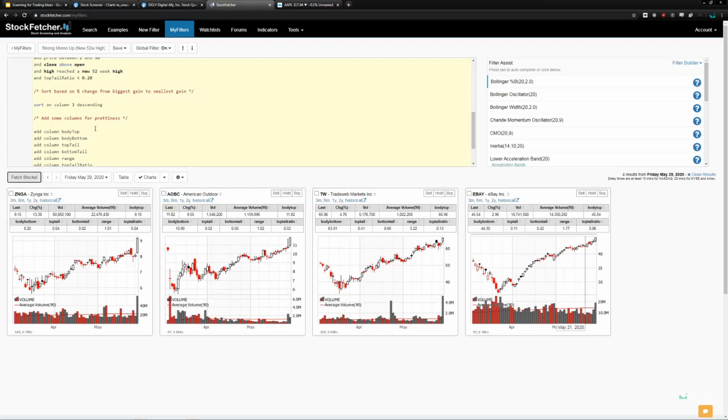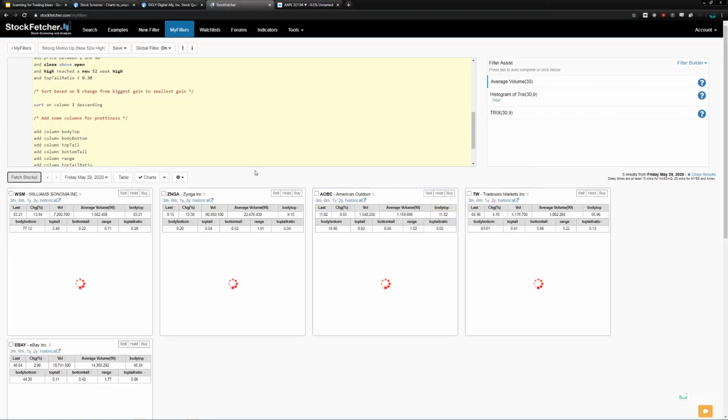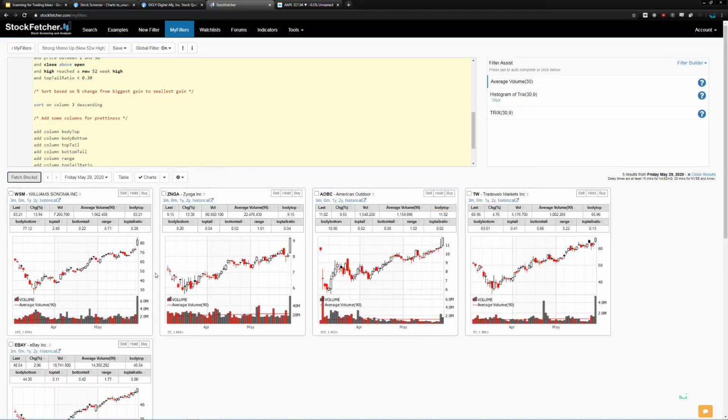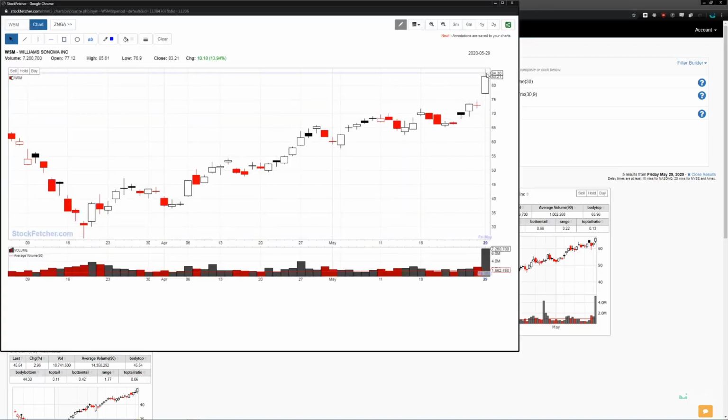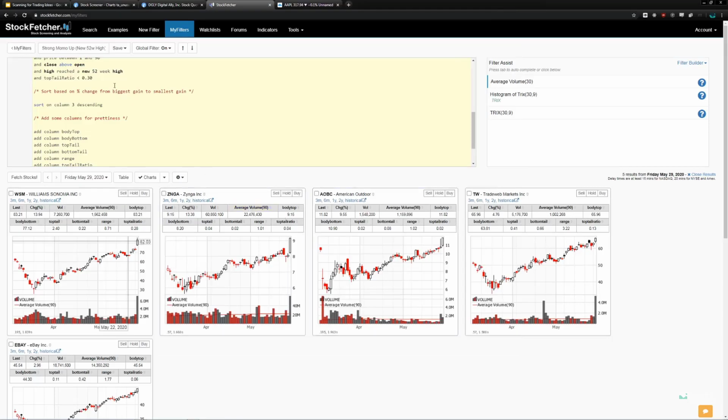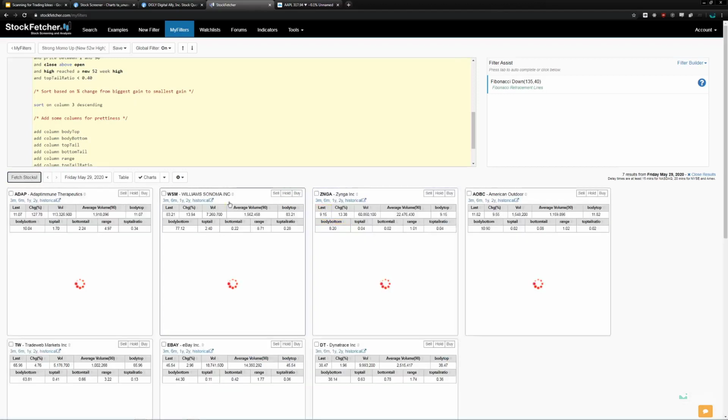So that eliminates a lot of the stuff that was in there before. So maybe 30% might be better to give me a few more options. So now we have this WSM, for example, that has a little bit of a wick on top, but it still closed pretty close to the highs. So this is where Stockfetcher really shines in my experience with really customizing your scans.